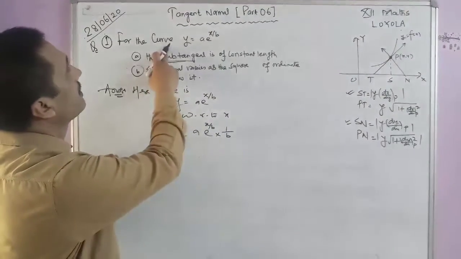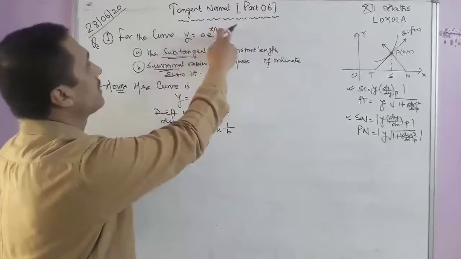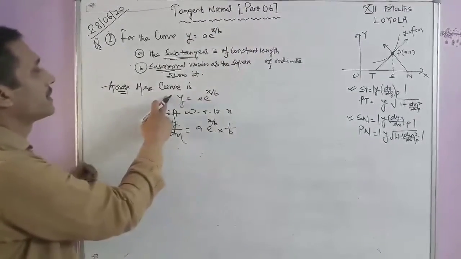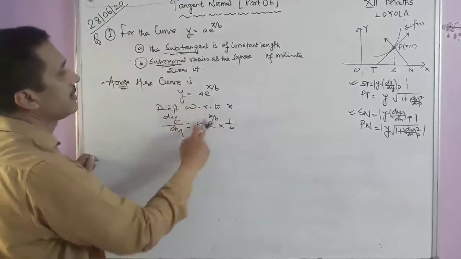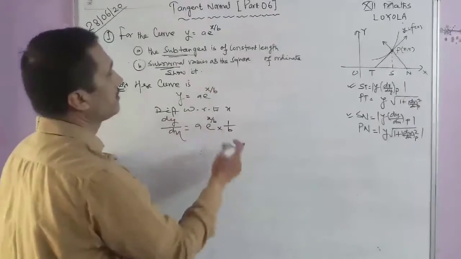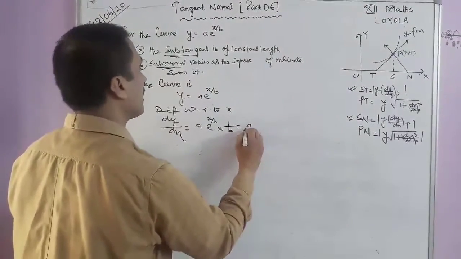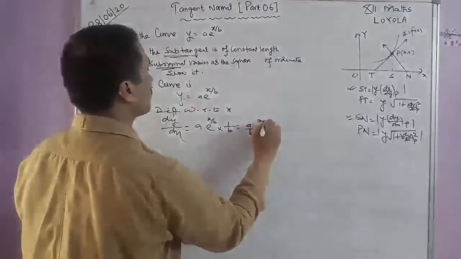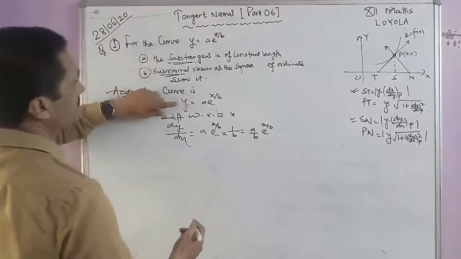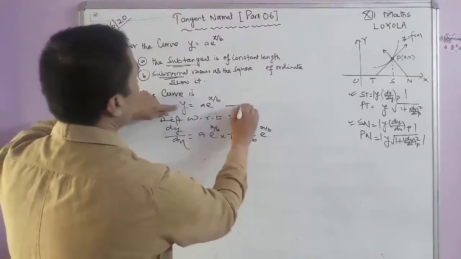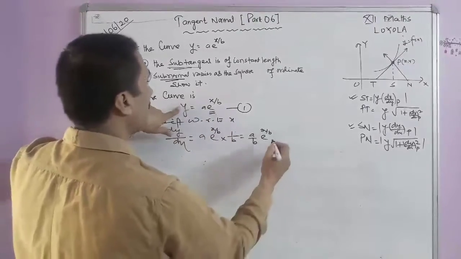The given equation of the curve is y equals a e to the power x by b, not b by x. After differentiation with respect to x, dy by dx equals a e to the power x by b, and x by b differentiates to 1 by b. So a by b e to the power x by b. We write here, from the equation of the curve, e to the power x by b equals y by a.